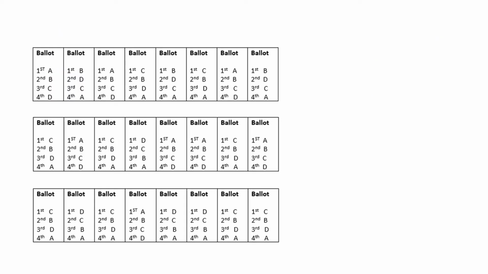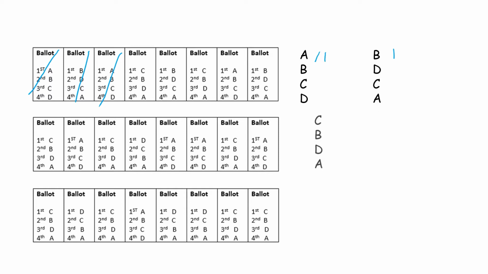Here we go. Here are the first 3 rows of the ballots. The first one says ABCD, so let's write ABCD and put 1 tally mark. The second one says BDCA, so let's write BDCA and write 1 tally mark. The third ballot, ABCD, that's another one.